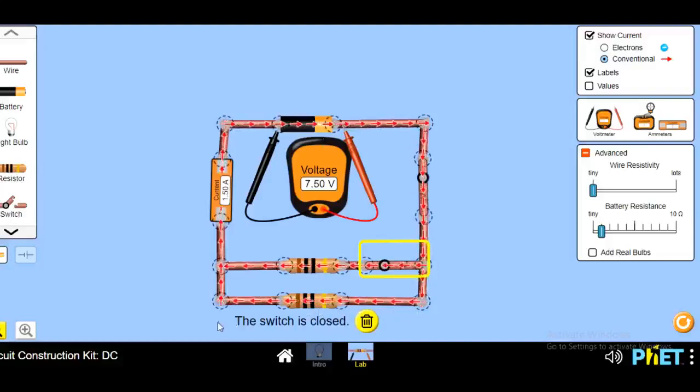Note that the terminal potential difference has decreased. Can you see that? It testifies what I was saying. So theoretically, let's try to answer it.